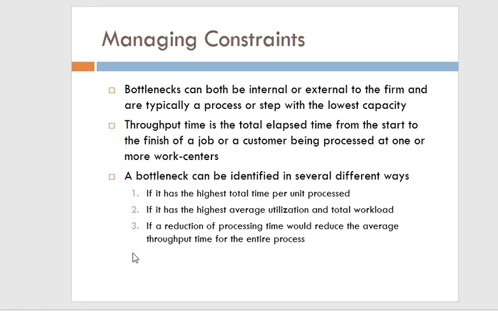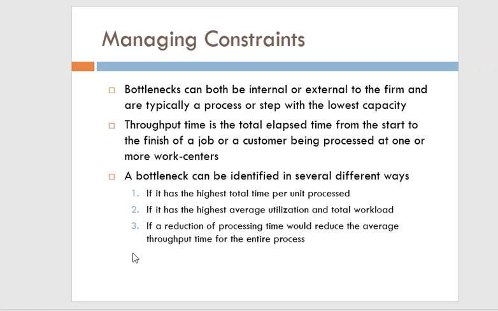I've also asked you to discuss throughput time, and we really didn't go over that well, but that's basically the total amount of time from the start to the finish of a job or a customer being processed. So if we're talking about throughput time for the car wash, that would mean from the very moment you pull up to the car wash all the way till the end when your car is dry and you actually are leaving the car wash.